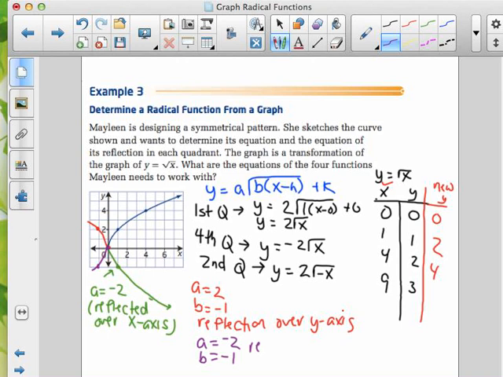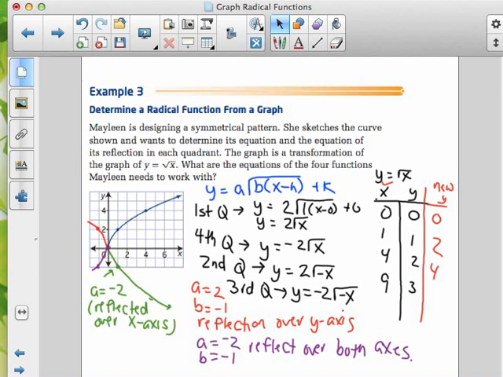And this will cause us to reflect over both axes. So in the 3rd quadrant, we'll have both the negatives in both places: y equals negative 2 square roots of negative x. So now the x's are the opposite and the y's are the opposite.